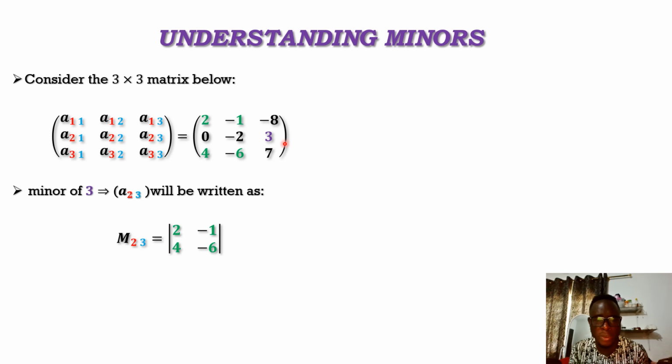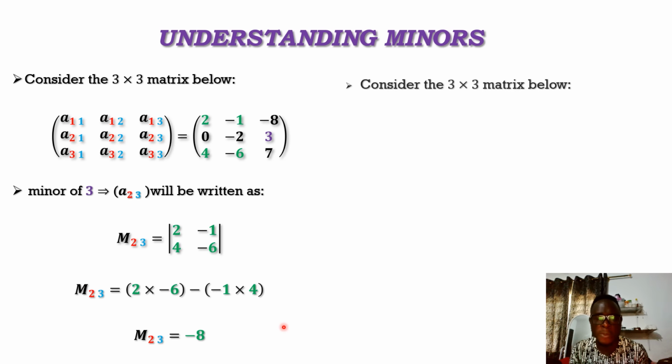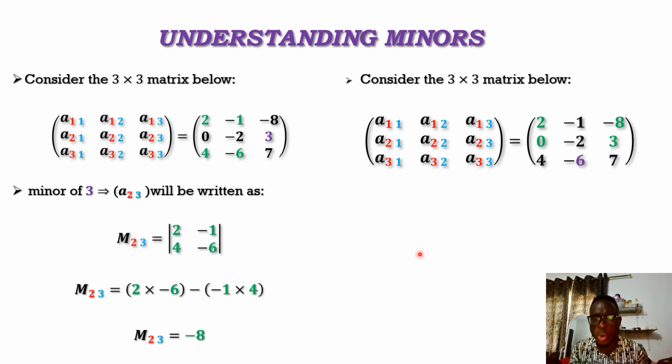So we delete the elements of the second row, then also delete the elements of the third column. So second row, third column has been removed, and the rest of the 2 by 2 matrix, the determinant of it becomes our minor. So here the minor will be 2 times -6 minus 4 times -1. Then at the end of it all, our minor answer, the determinant of this 2 by 2 matrix, will be -8.